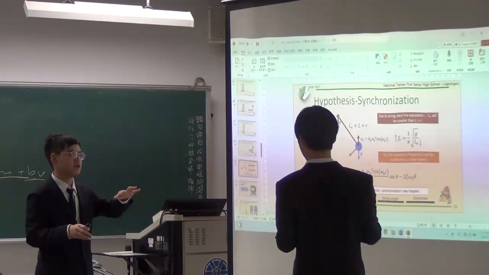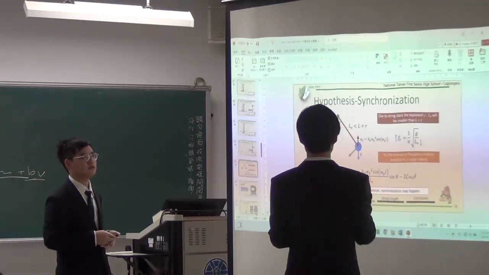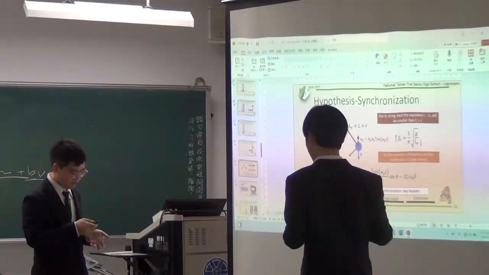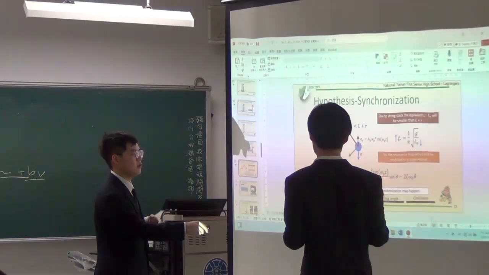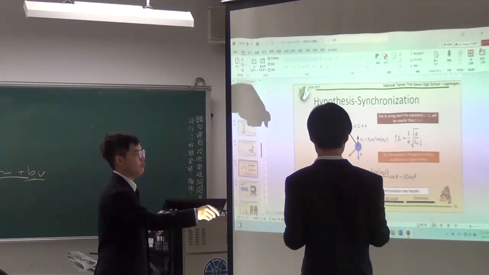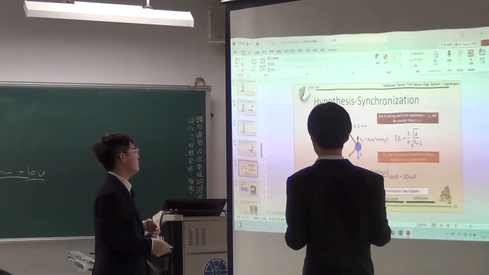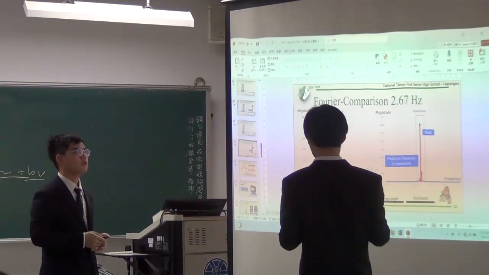This hypothesis is derived from the experimental results. For example, if I give the pivot frequency omega p, then omega p can be substituted into this to calculate the effective L. This is because in the experimental results, we cannot see a pendulum frequency.